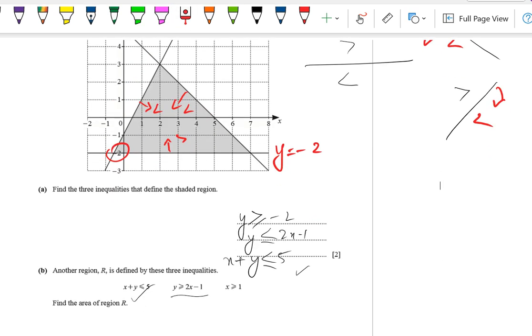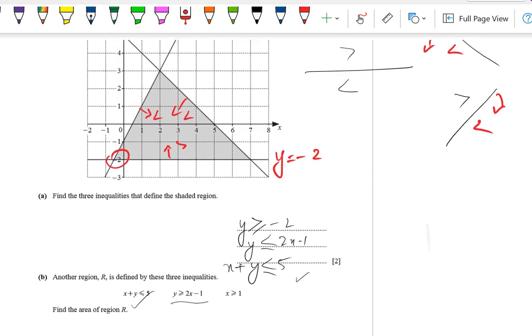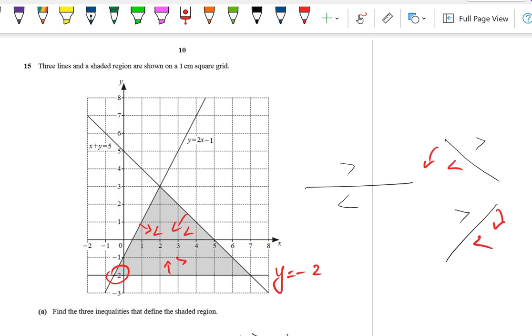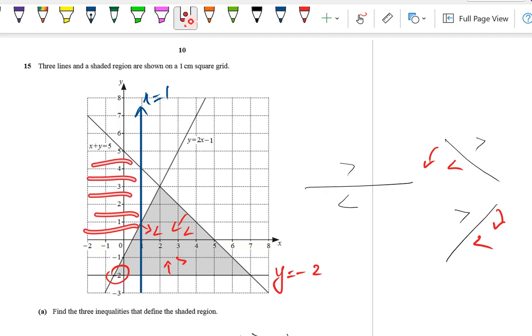And there is another inequality, x is greater than 1. So this is your equation, x is equal to 1. This line is x is equal to 1. So the greater portion would be over here.